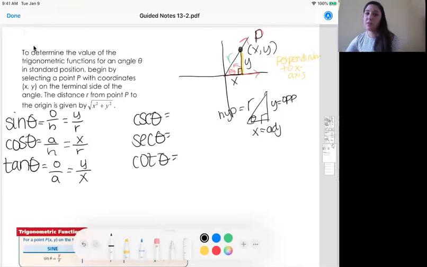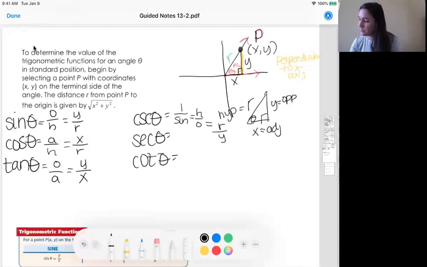And then cosecant, secant, and cotangent. Remember, they're just reciprocals. Cosecant is 1 over sine. I'm writing this again because the more times I write this, the more I remember it. So that's hypotenuse over opposite, which is r over y.